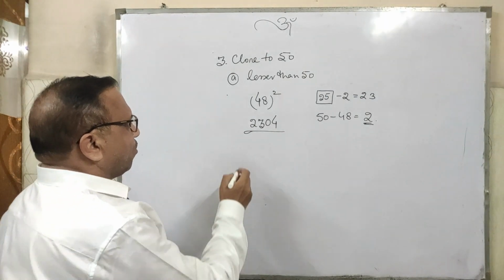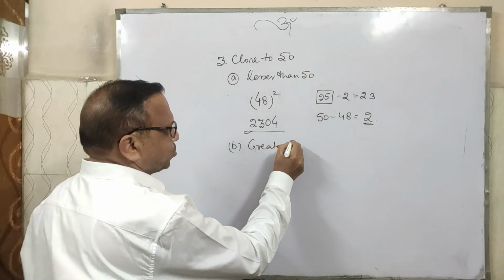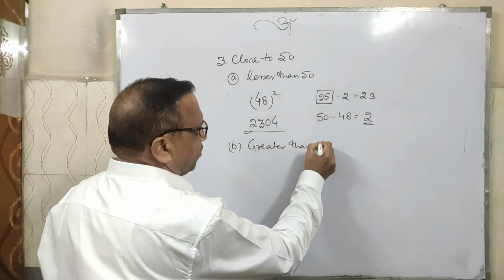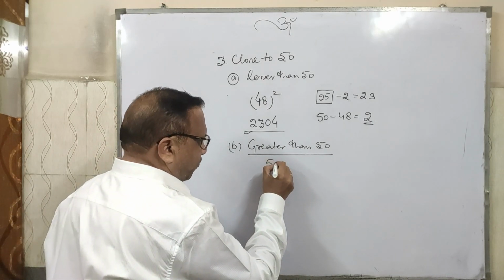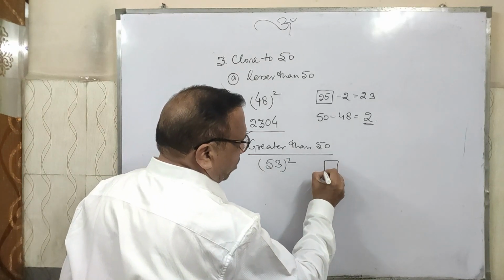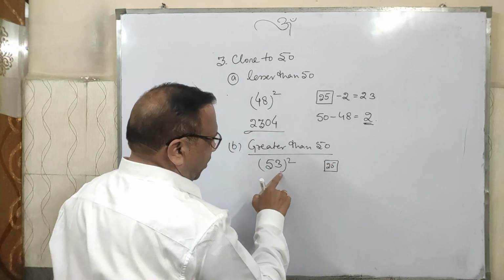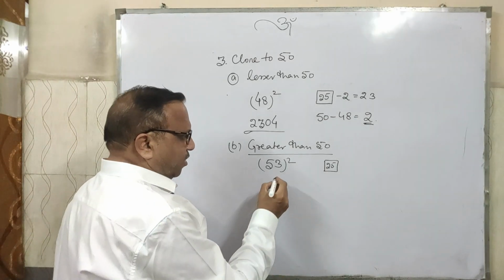For example, now greater than 50. For example, we have to do the square of 53. The approach is the same. We consider number 25. What is the difference between 53 and 50? 3.